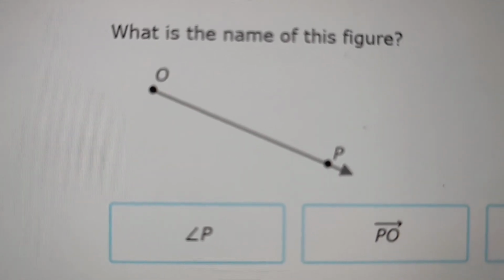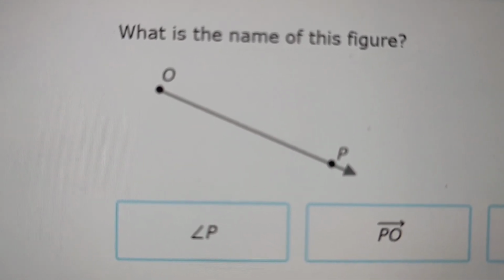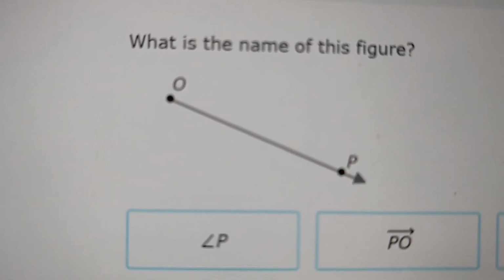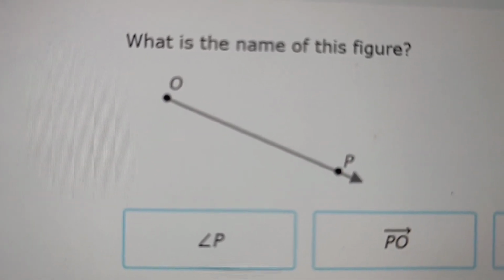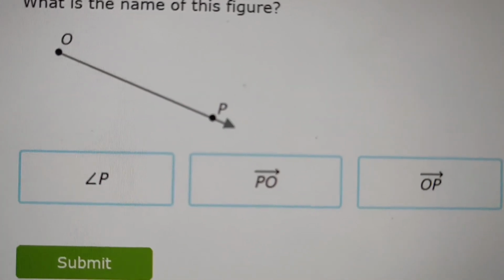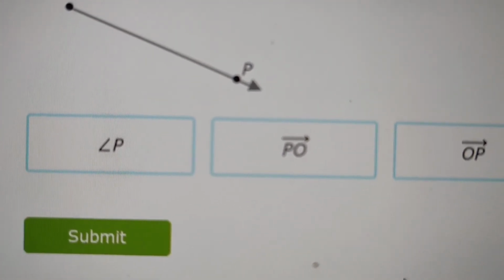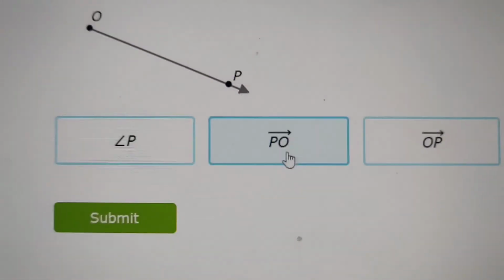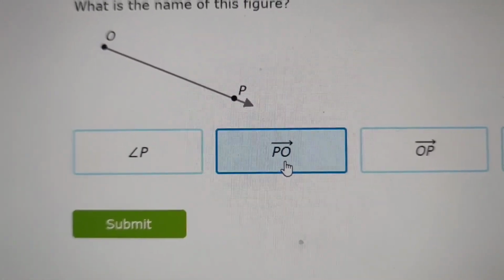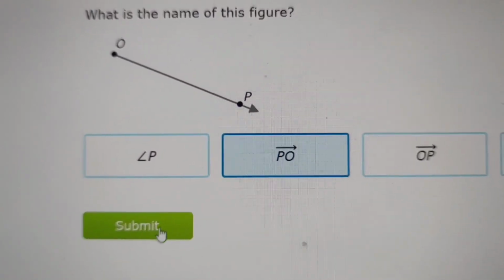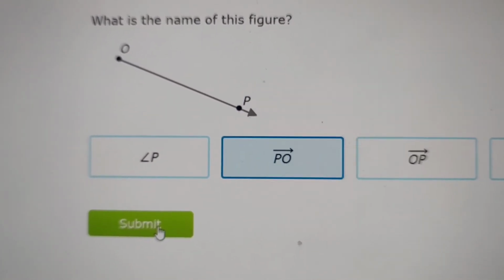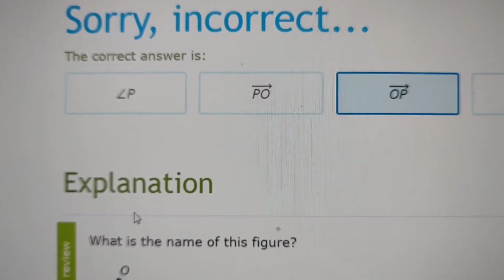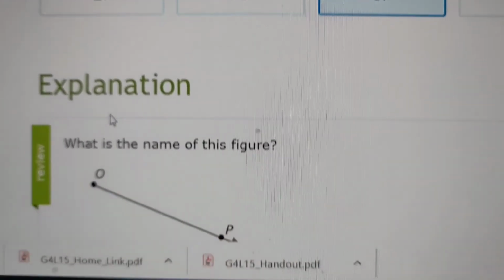And notice this ray starts at point O and goes through point P, so we have to call it ray OP. If we were to click ray PO, because that's not the direction it's going, just notice what would happen, right? Since this is ray OP, but we clicked ray PO, we would get the incorrect answer. So the correct answer is ray OP.